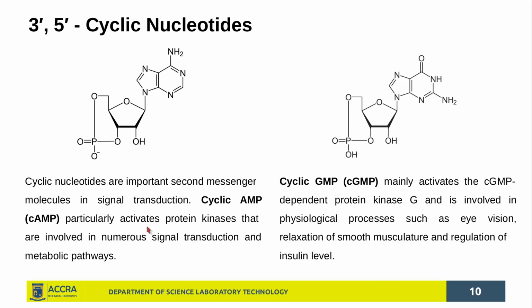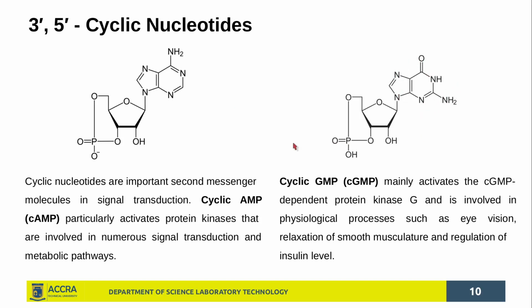So you find the cyclic adenosine monophosphate and the cyclic guanosine monophosphate. The only difference in these two is the nitrogenous base. In cyclic adenosine monophosphate, the nitrogenous base is adenine, whilst the nitrogenous base in cyclic guanosine monophosphate is guanine.